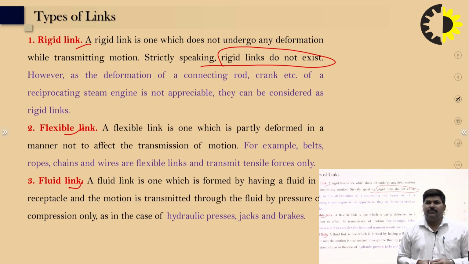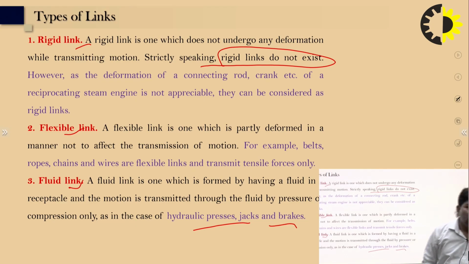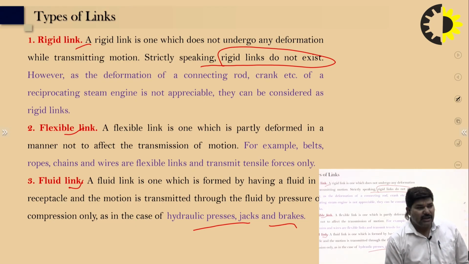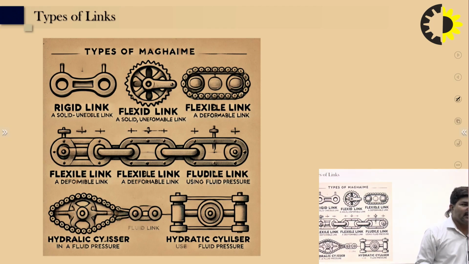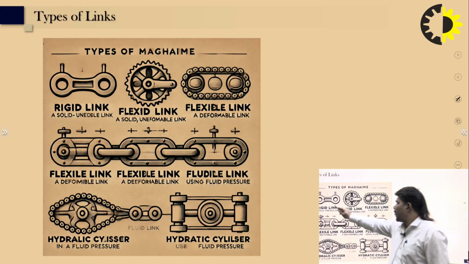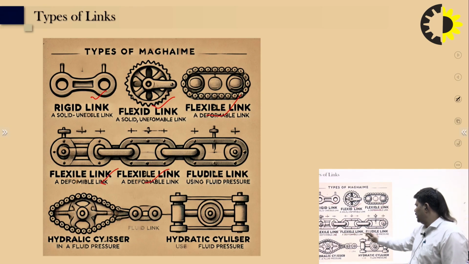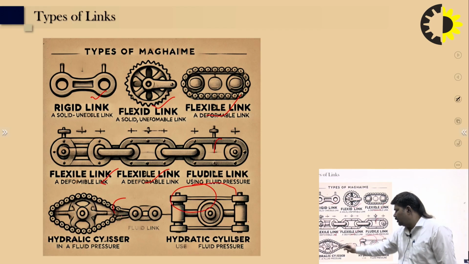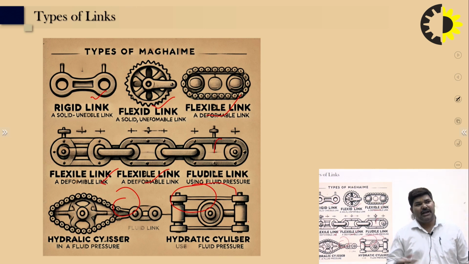In this case, the hydraulic press, jack and brakes are fluid links. In the next slide you can see the different types of linkage: the rigid link, the flexible link, and the fluid link, the hydraulic cross-section link.